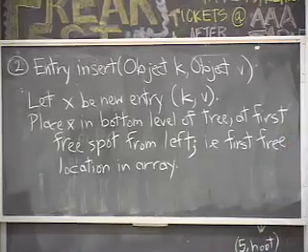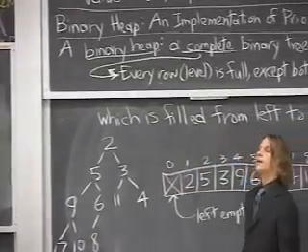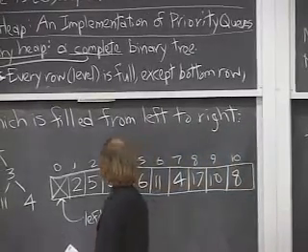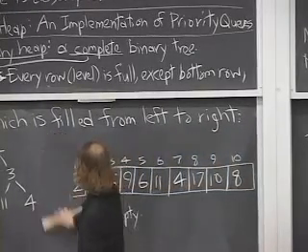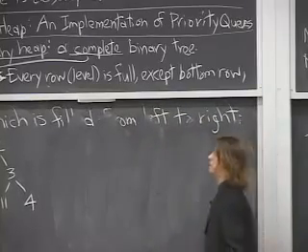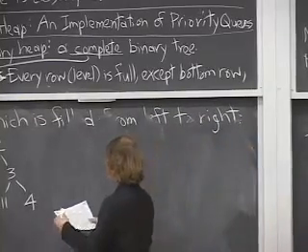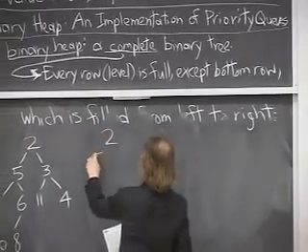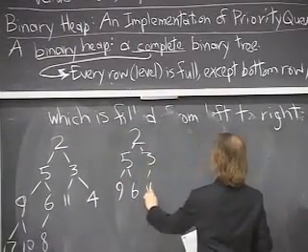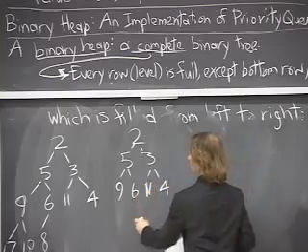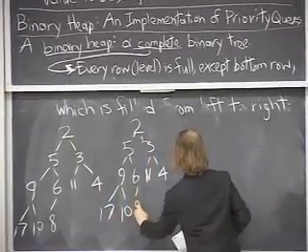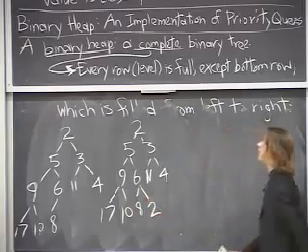Now, the problem with that is that, of course, the new key might violate the heap order property. So maybe I'm inserting a 2. So I start with this heap, and I decide I'm going to insert a 2.